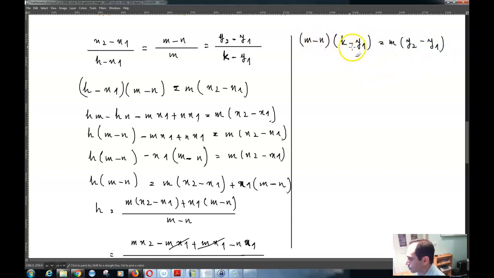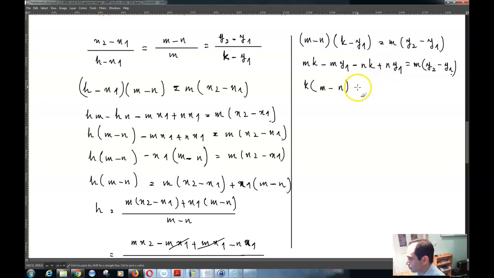So if I cross multiply, I'll get mk minus m times y1 minus n times k plus n times y1 is equal to m times (y2 minus y1). What I want to calculate is k over here, so I take a k out from these two terms, k times (m minus n).